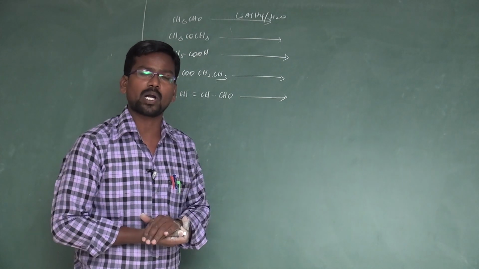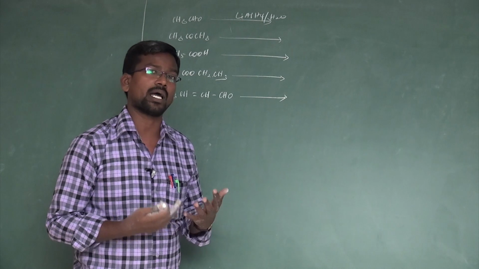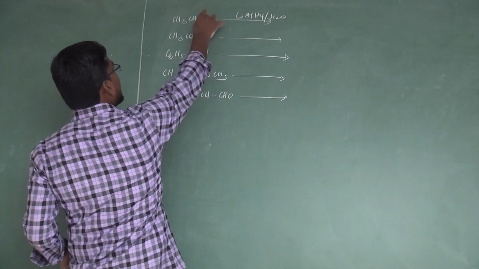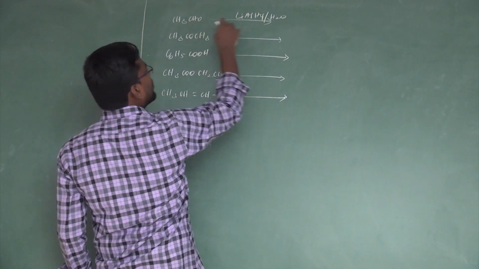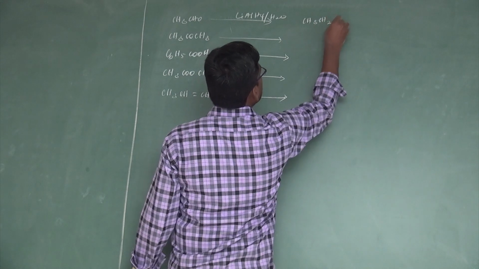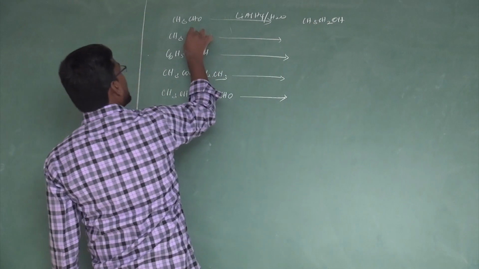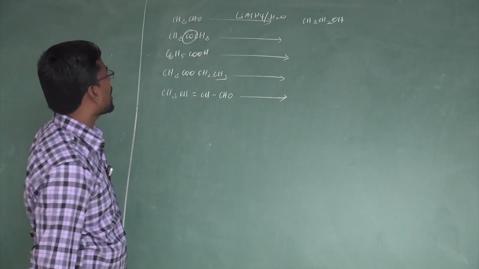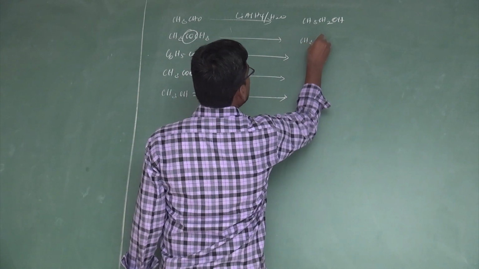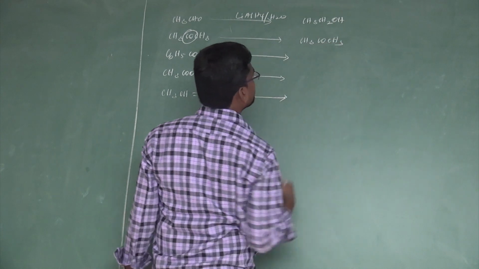Otherwise, the C double bond O group of a carboxylic acid or ester can be converted into CH2. So acetaldehyde's C double bond O group can be converted to CH2 to form ethyl alcohol, CH3 CH2OH. Next one, acetone contains C double bond O, which can be converted into CH2, CH3 CO CH3.